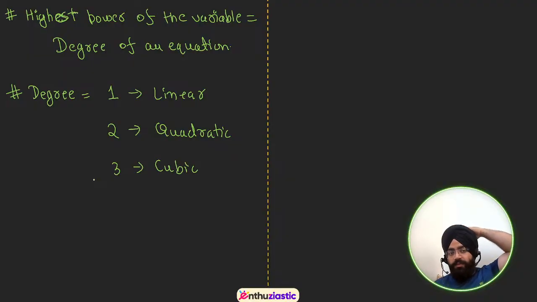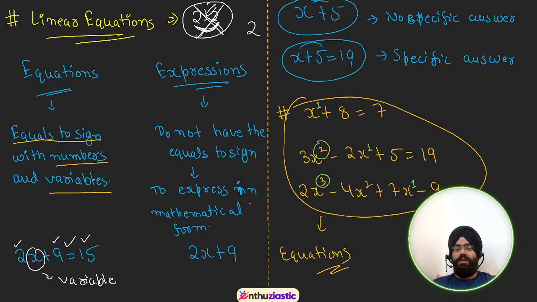These are the basic differences between linear, quadratic, and cubic. This is how you can check whether the given equation is linear, quadratic, or cubic. This was just the introduction: what linear, cubic, and quadratic equations are.